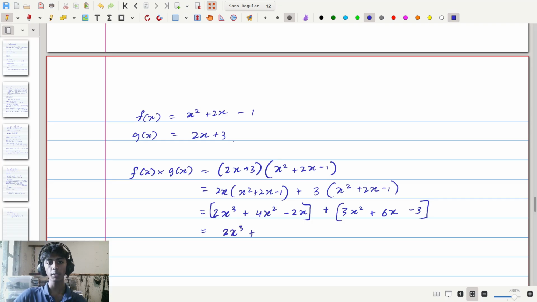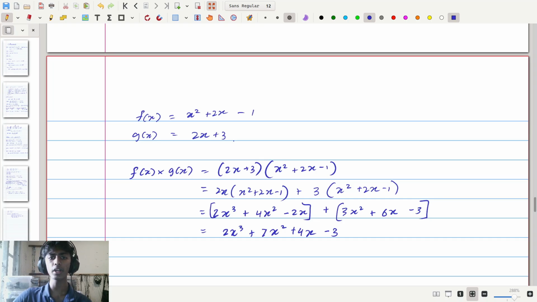In terms of x squared, the first one has a coefficient of 4, the second one has a coefficient of 3, so the overall will have a coefficient of 7x squared. In terms of x to the 1, this has a coefficient of minus 2, this has a coefficient of 6, so adding the two together gives plus 4x. In terms of constants, this has 0 constant, this one has negative 3 constant, so negative 3 carries down. Therefore f(x) times g(x) is 2x cubed plus 7x squared plus 4x minus 3.